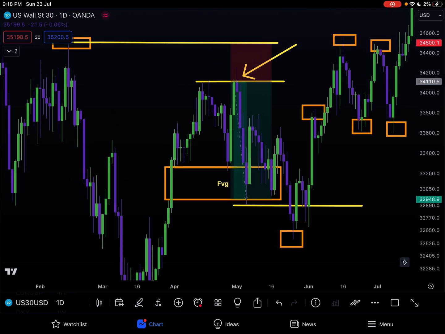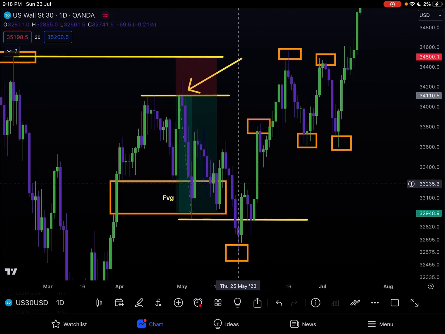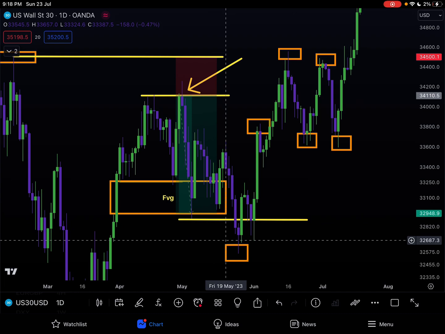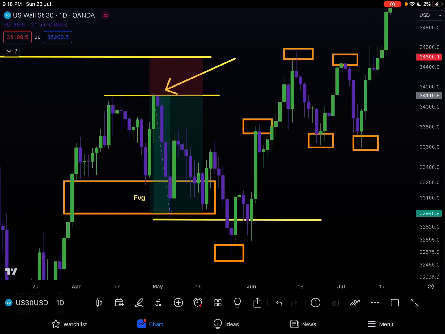If price is completely algorithmic, this is what you need to do. You need to be paying attention to these extreme highs and extreme lows. Okay? Especially if you want to run something like US 30. This is easy to do. Again, imbalances and liquidity. If I've taught you nothing else, this is all you need to do.